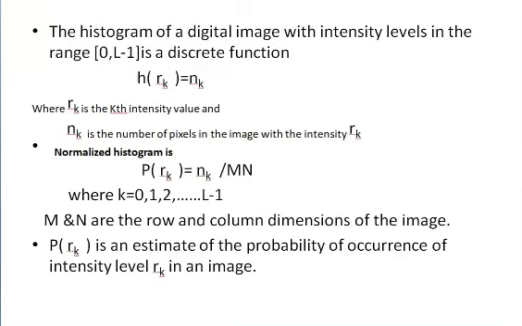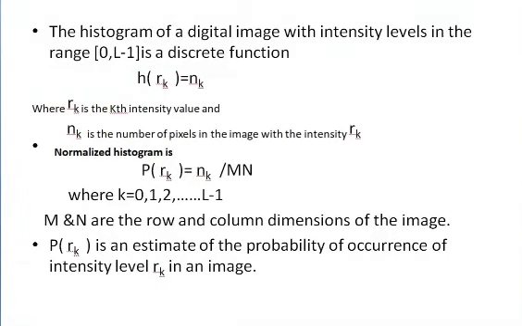Those are represented as nk, so n0 to nL minus 1 values are there. That means n0 is the total number of pixels with intensity r0, that is, 0.